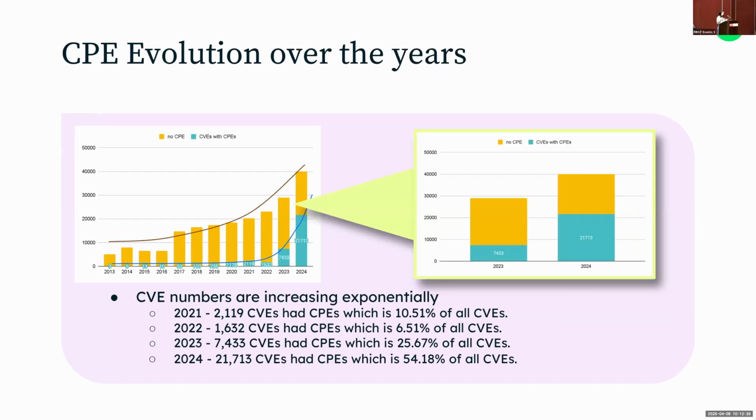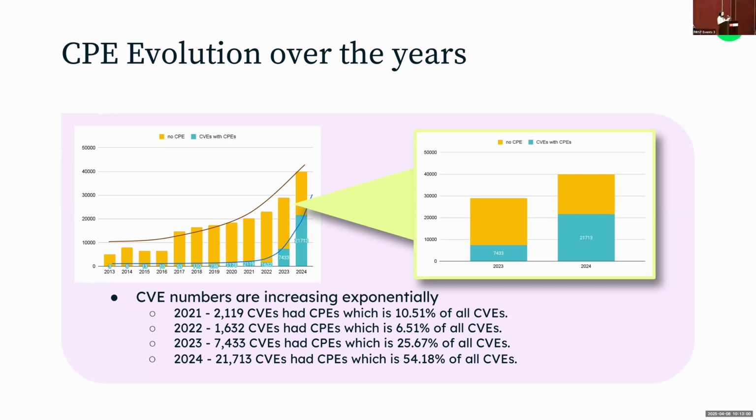And then we have to tie it back to CPEs because that's the title of the presentation. As mentioned before, the CNAs use the JSON schema set out by the CVE program. They publish CVEs via JSON files, and these files can be accessible on the CVE page, but also on the CVE program GitHub public repo.